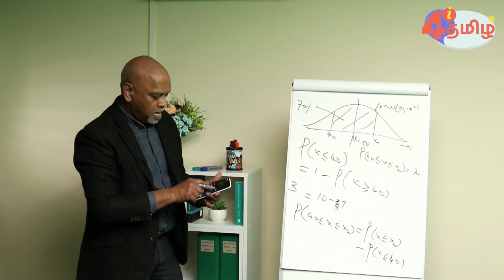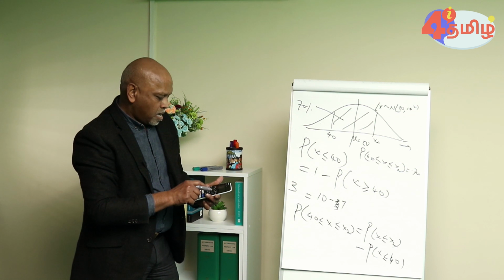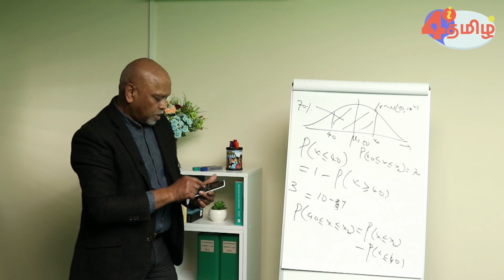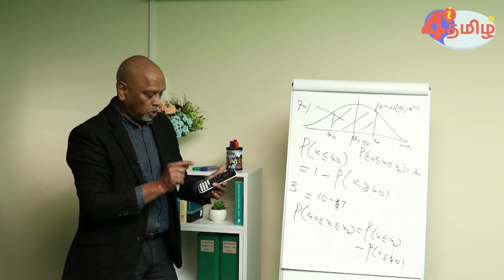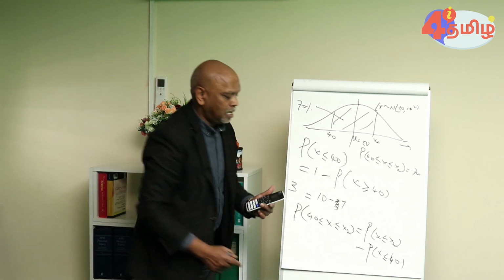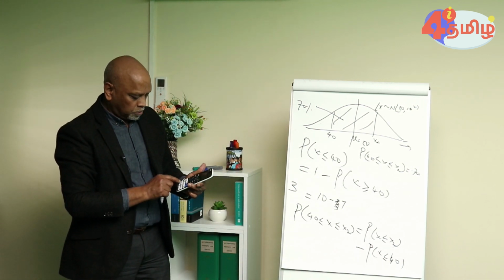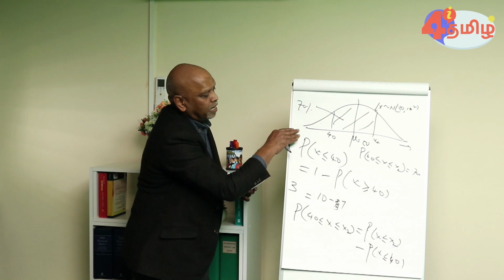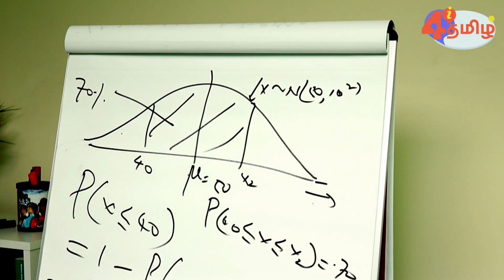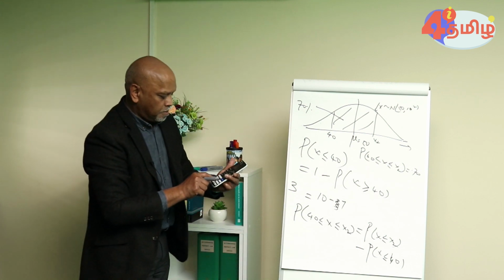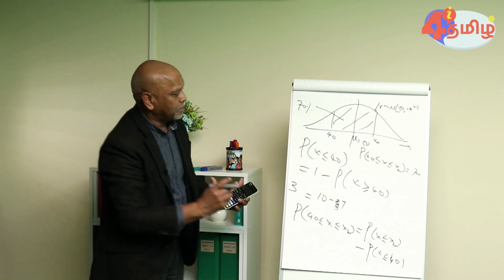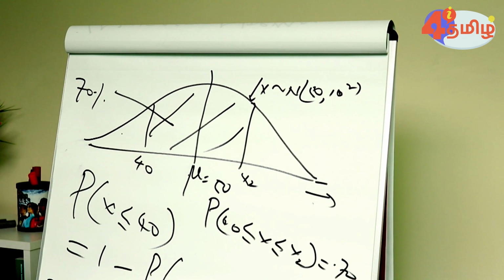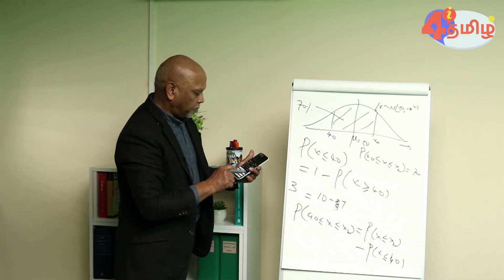For that, select the normal distribution and select option 2, not the inverse, because I just want to find this area. The lower value, as I said, you always take as 0. The upper value is 40.